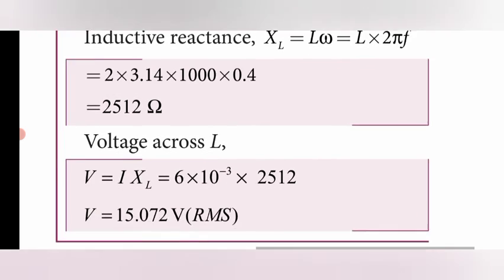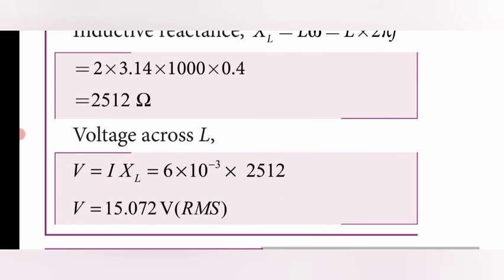Then we will find the voltage across L. Voltage across L means V is equal to I XL. This inductive reactance can be substituted in Ohm's law. We have to find it in terms of the RMS values only, because the general term for the voltage V is equal to Vm sin omega t gives maximum values. Since we directly use Ohm's law, we write it in terms of the RMS value.